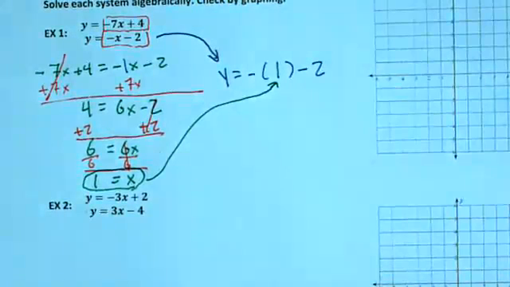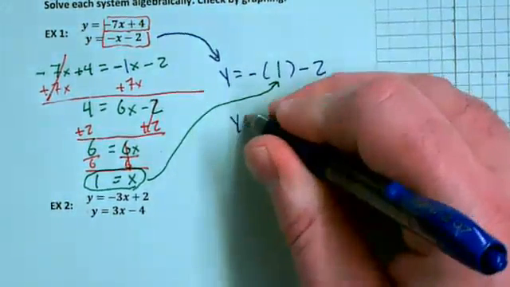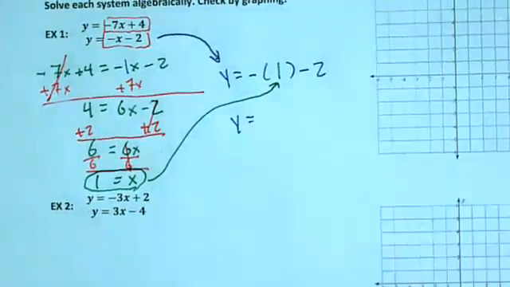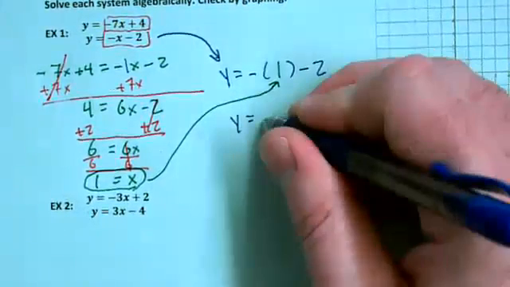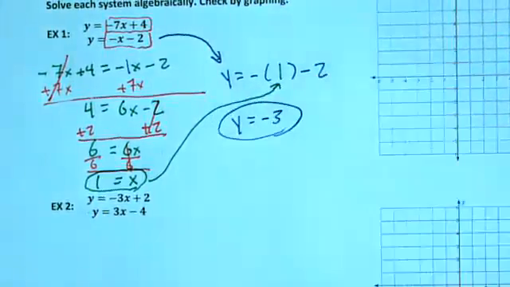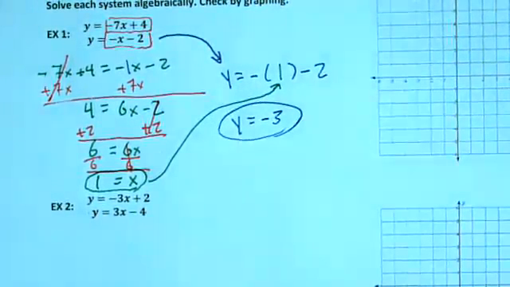It is 1. And then we just need to combine those. Negative 1 and negative 2 come together to create negative 3. And that's it. You just solved your second system using equal values.